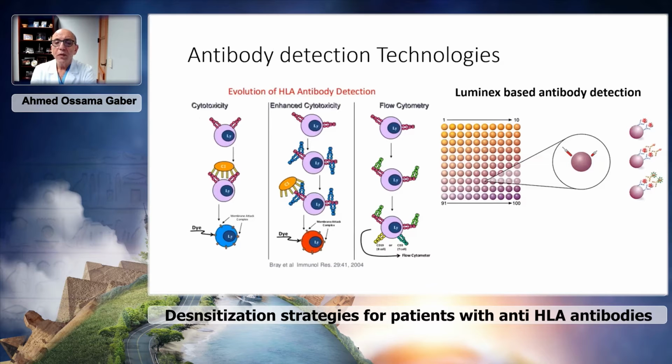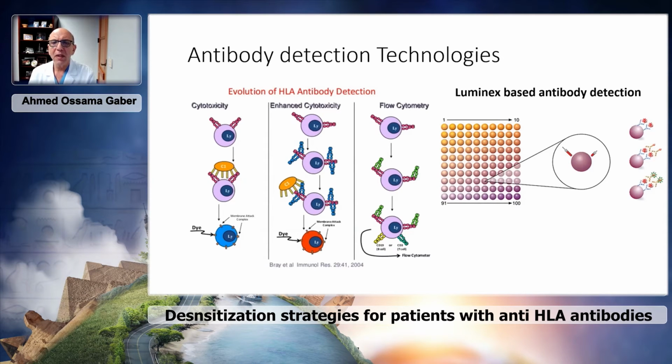So one of the reasons our knowledge in this area has expanded significantly over the past few years is the evolution of HLA antibody detection technology. In the past, we used the Terasaki method, which is a cytotoxicity assay. You put serum on the lymphocytes, you add complement, and the HLA antibodies attach to the cells, the complement punctures a hole in the cell wall, and the cell dies.